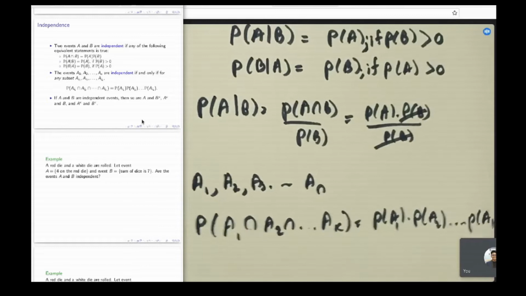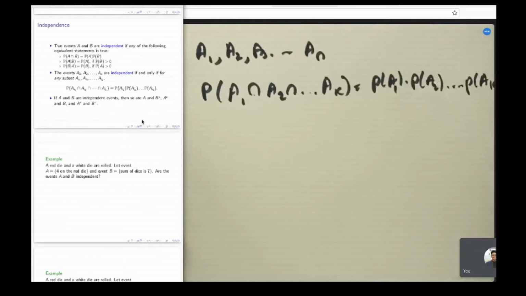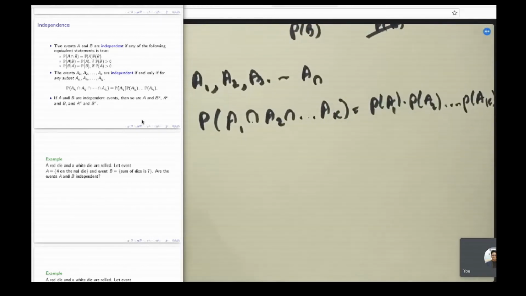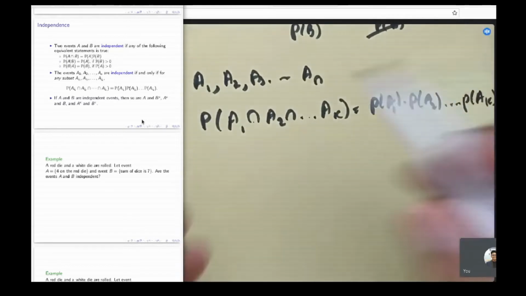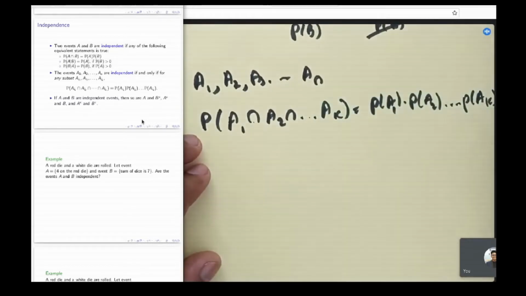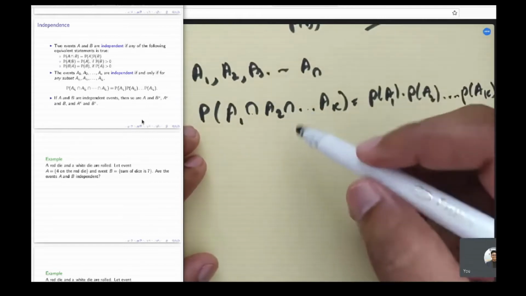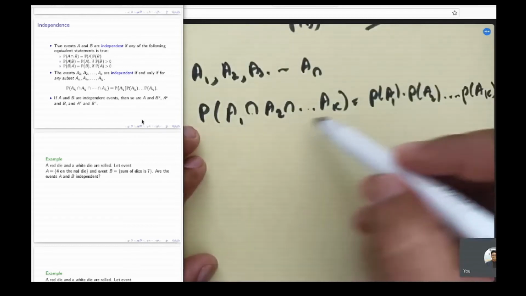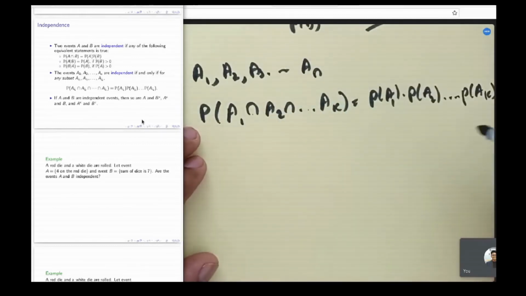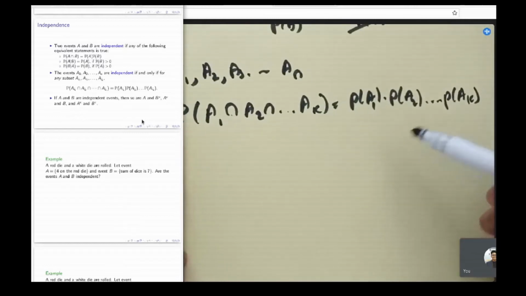So we can extend that to several events. The events A1, A2, all the way up to AN are independent if and only if for any subset, the probability of their intersection is equal to the multiplication of those probabilities.